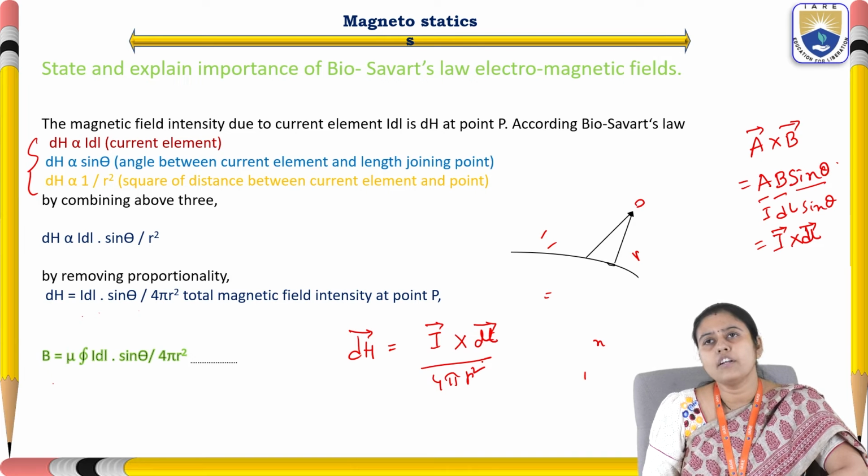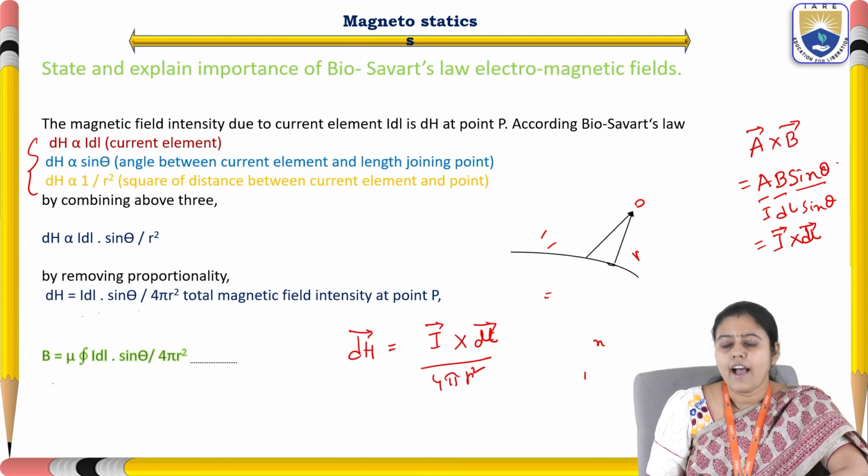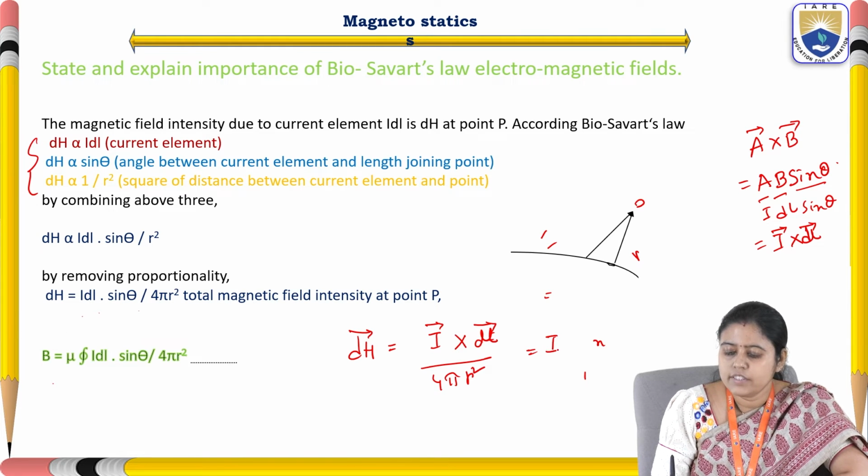As I is not actually a scalar quantity, we can write I constant dl cross aR.